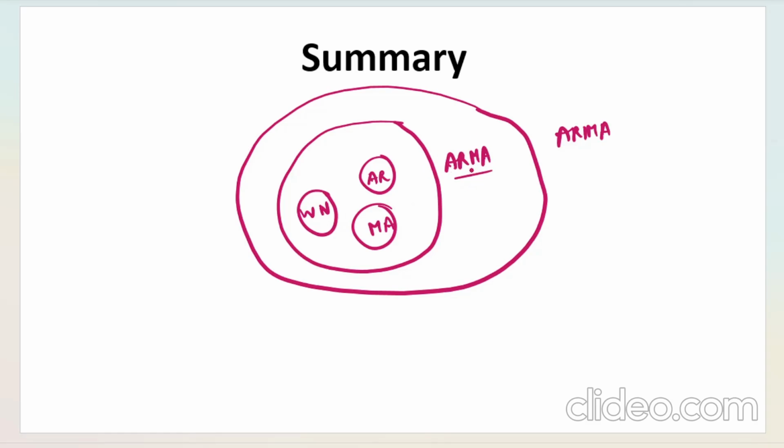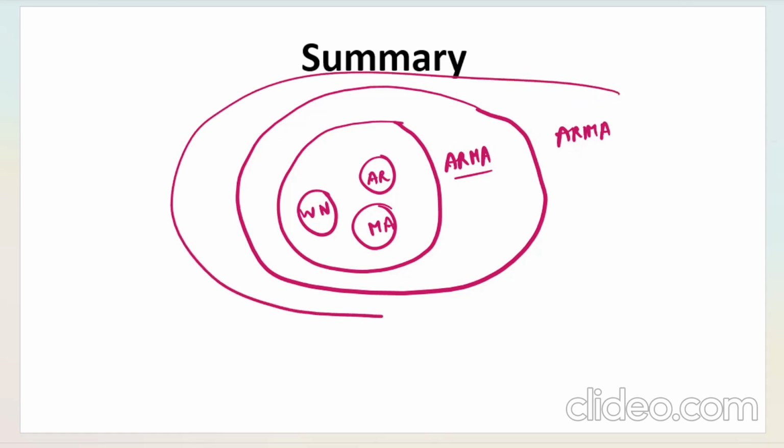So from the ARMA model, if you vary the parameter values, you can land up to AR model, MA model and white noise. Again from ARIMA, depending on the integrating parameter D, the differencing operator, you can land up to ARMA. And the more general version, if you add another layer, you will have SARIMA, where seasonality comes into the picture. So if your dataset shows seasonality, then you have to model the time series using SARIMA.